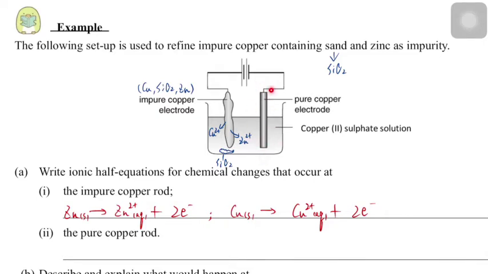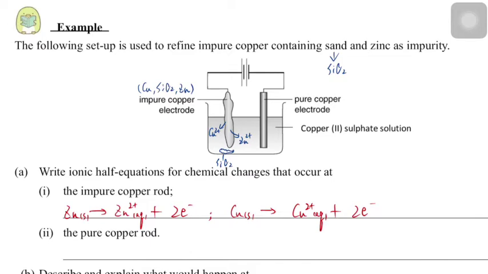Okay, so which ion would be preferentially discharged at the cathode? Is it the zinc ion or the copper 2 ion? Okay, so there are two reasons why only pure copper will be formed here.